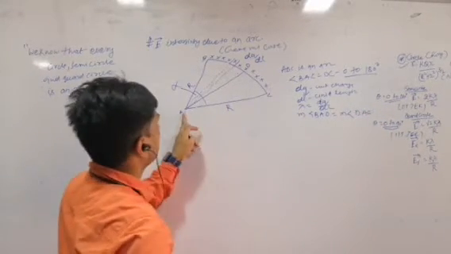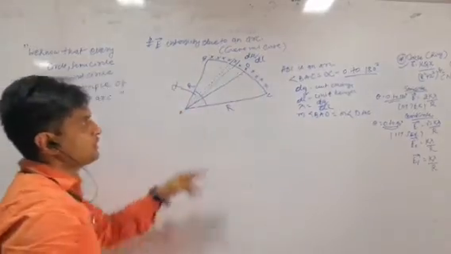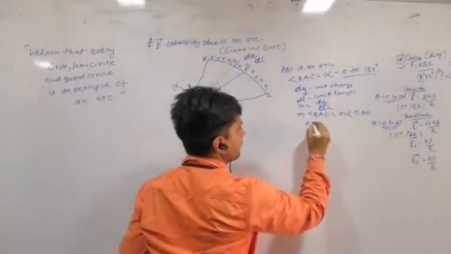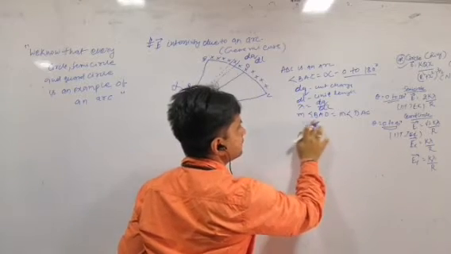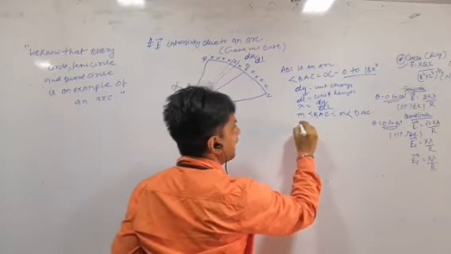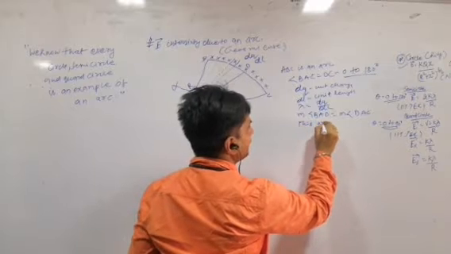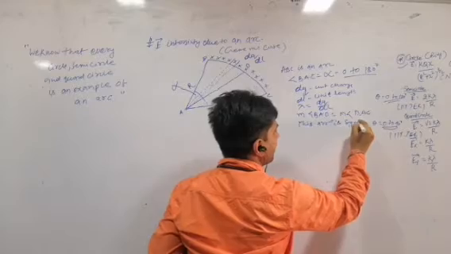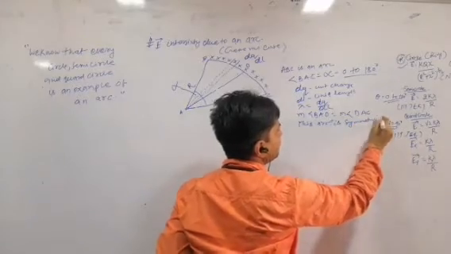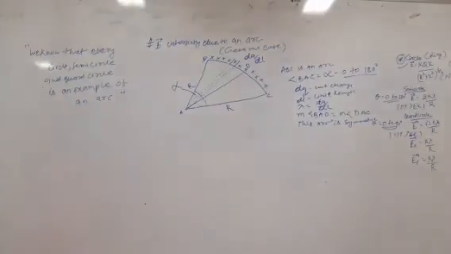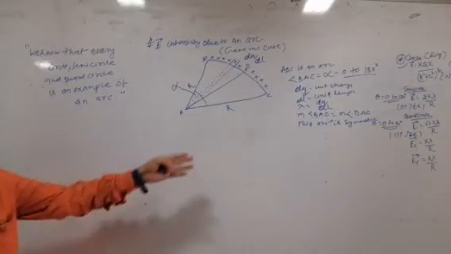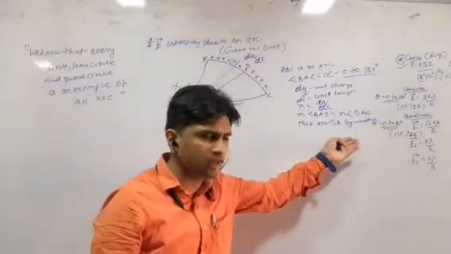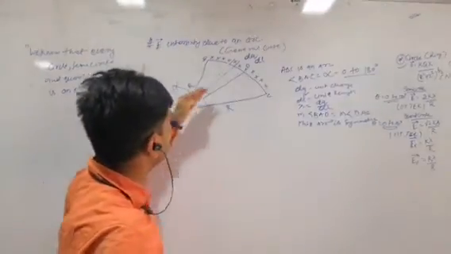That means AD is the middle line. So this arc is symmetric. Yes or no? Yes, very simple. This arc is symmetric because this is the middle part.